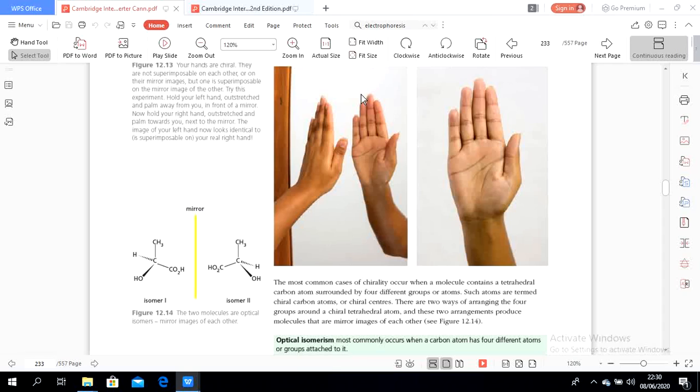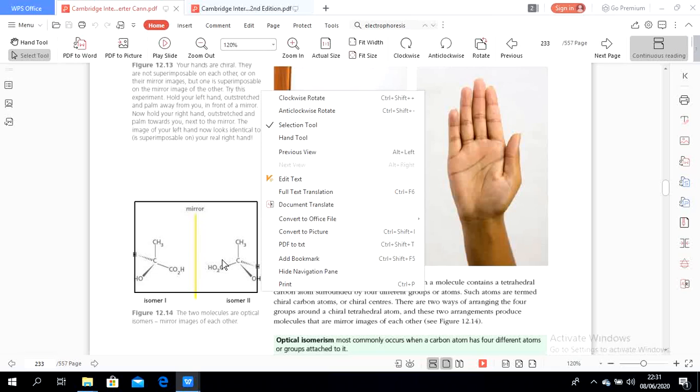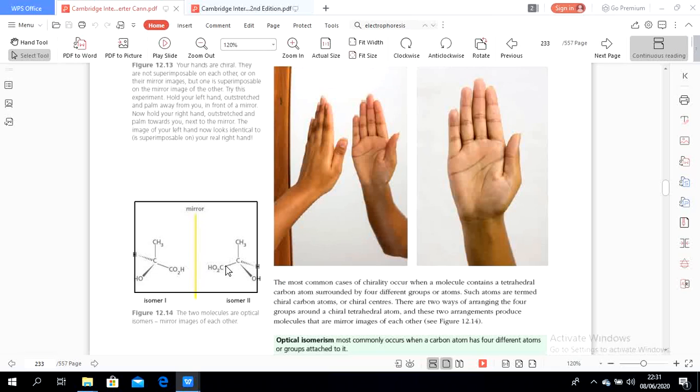But if we put one on top of the other, they will not match; they cannot be superimposed. So this is an example of a mirror image, one on the left and one on the right.